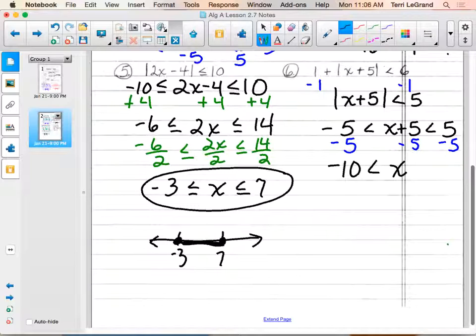X is by itself in the middle. 5 take away 5 is 0. Do we need to put that 0 there? Yes. Absolutely. 0 is a number on the number line too. It can be an endpoint. So don't let the fact that nothing's left there mean you just get to drop it off. 0 is your other endpoint. Okay, and shaded in between them.